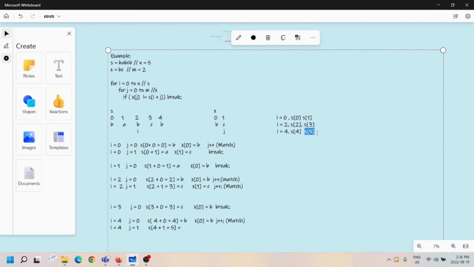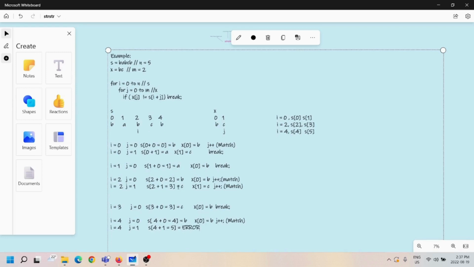Now S5 is something which we do not have. S has 0 location, 1 location, 2 location, 3 location, and 4 location. The fifth location does not belong to S. Now here comes an error that you are trying to access a position which does not belong to you.